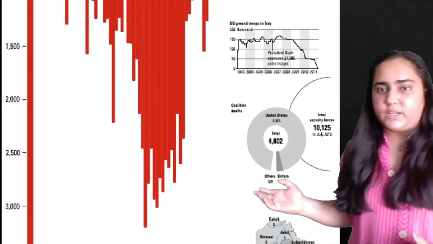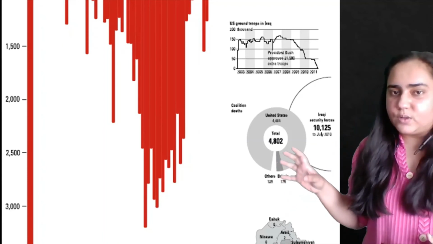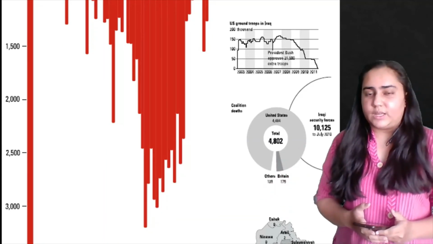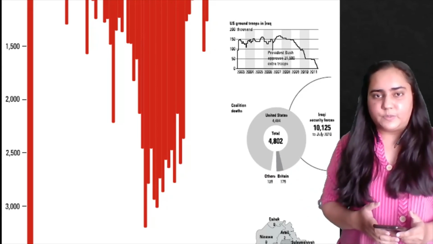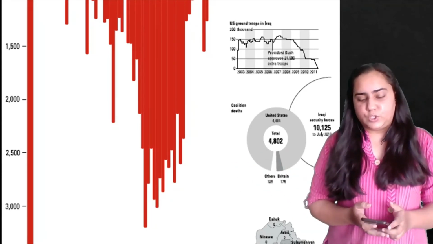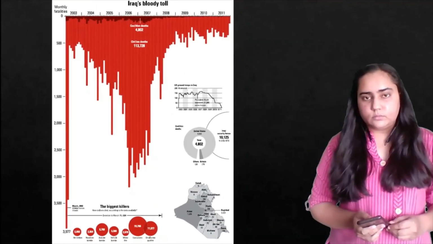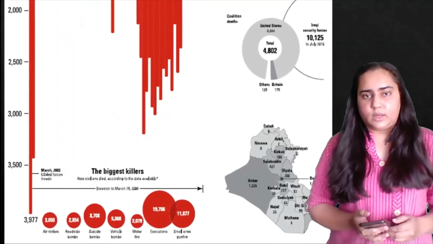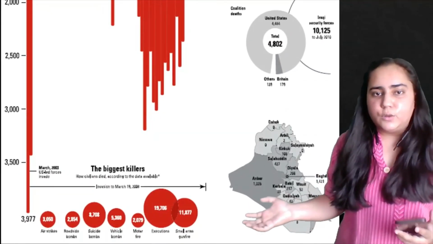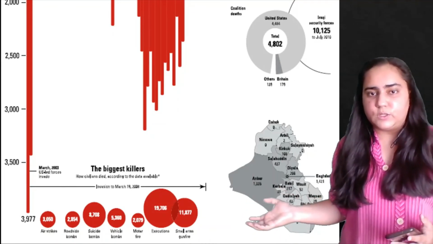So you can see right here, this is another part of the chart. And this is also depicting some numbers. If you take a closer look at it, you'll understand. So it just explains a little bit more about this chart present right here. And then finally, even in the bottom, there is some conclusion given. Okay, the biggest killers.